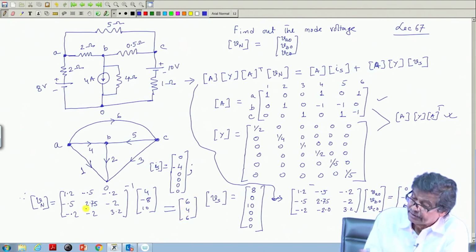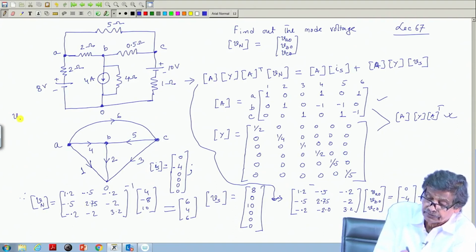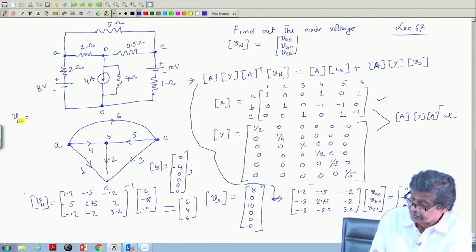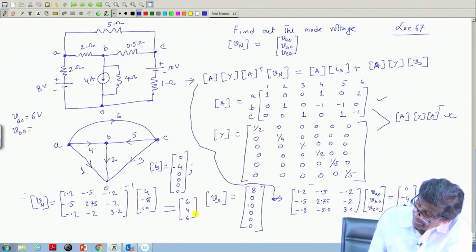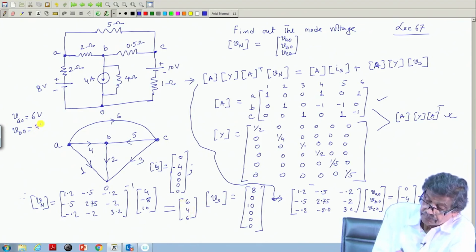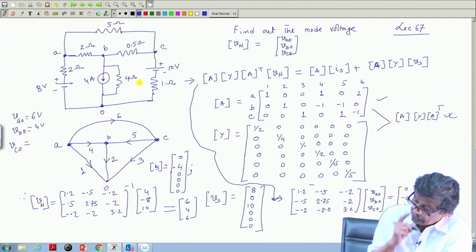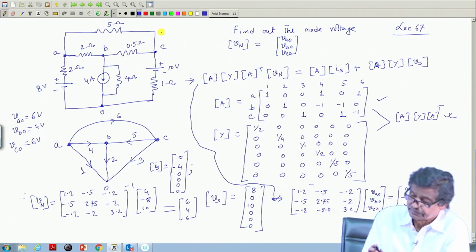So, I will say look here, VA0 of this network is 6 volt, VB0 will be equal to 4 volt and VC0 will be equal to also 6 volt. That means, in this network there will be no current in this branch.